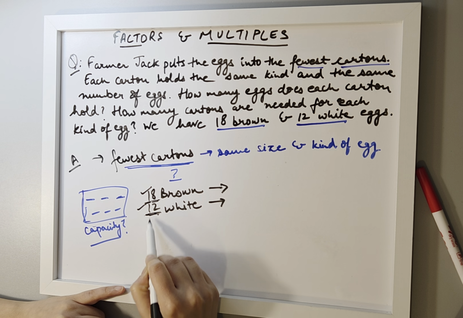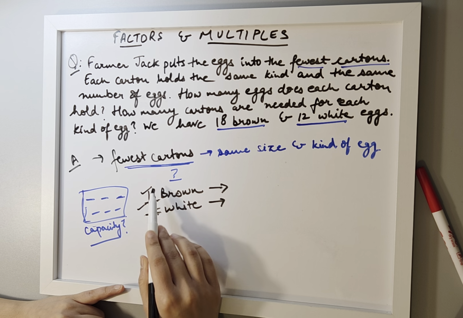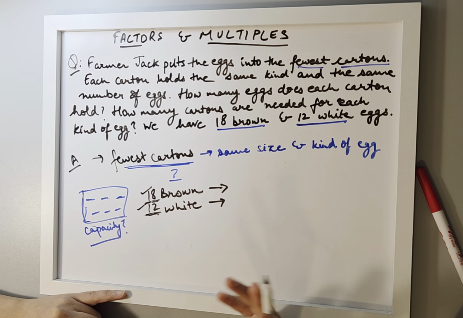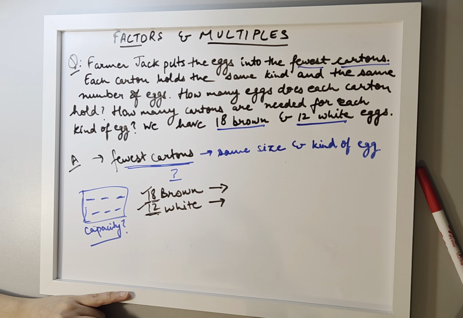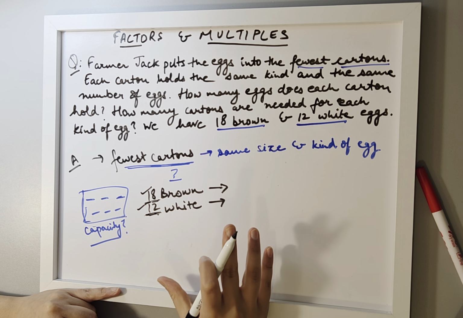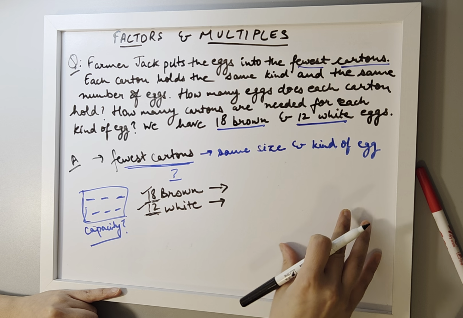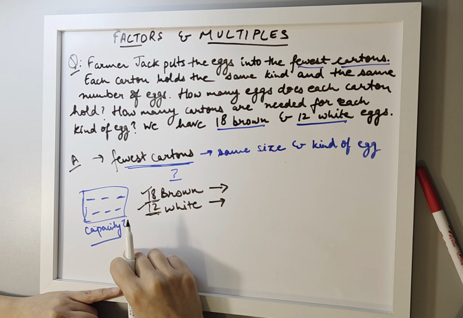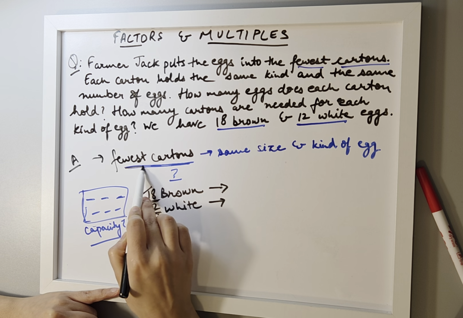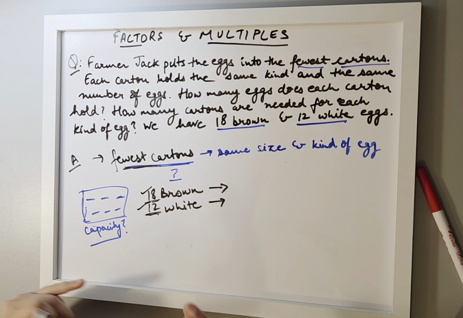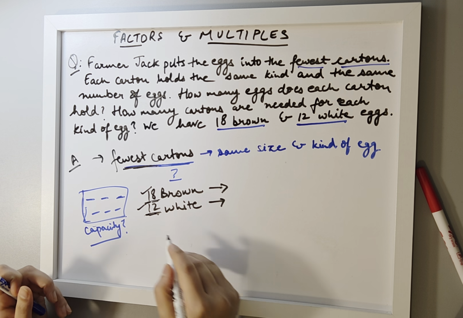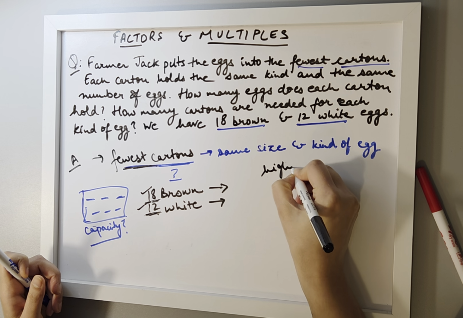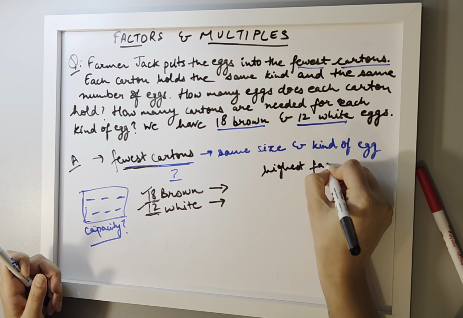So if we have to find a number which divides both, we need to look at its divisors, or its factors. Now, out of the factors, how will we know which factor to use for the capacity? To make it the fewest cartons, as few as possible, we should find the highest factor.